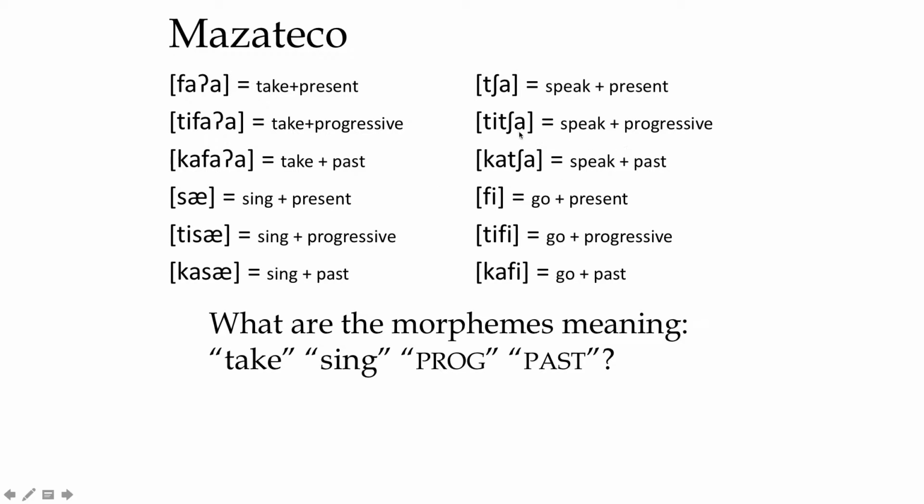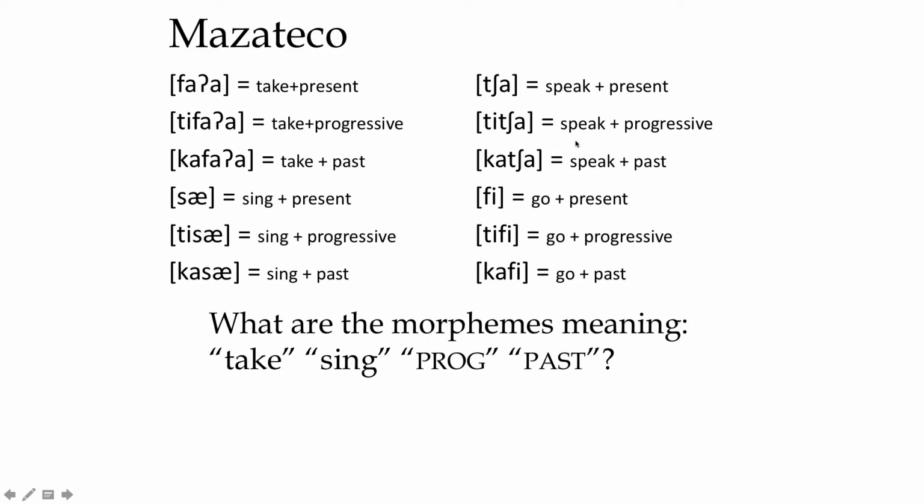These progressive ones all share the fact that they start with T. So T prefix would be the morpheme meaning progressive aspect. And all of the past tense ones start with this prefix ka: kafa'a, kasa, kacha, kafi. So I would think that ka would be the morpheme which means past tense.